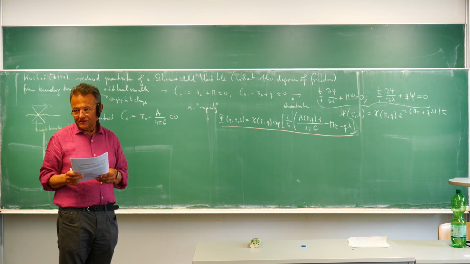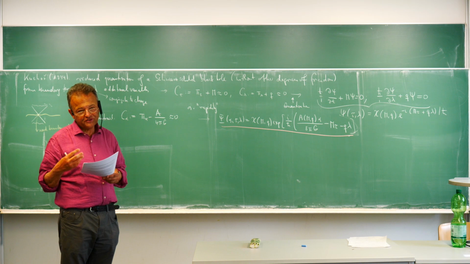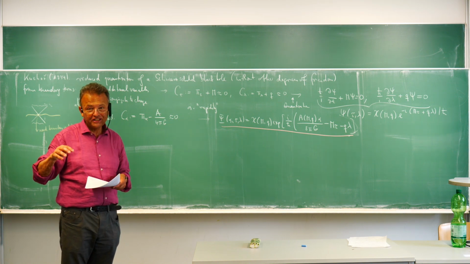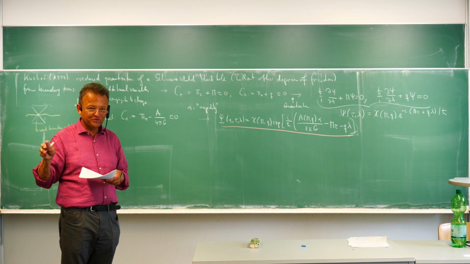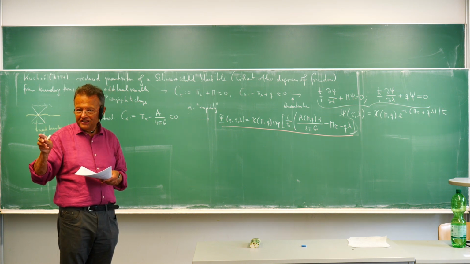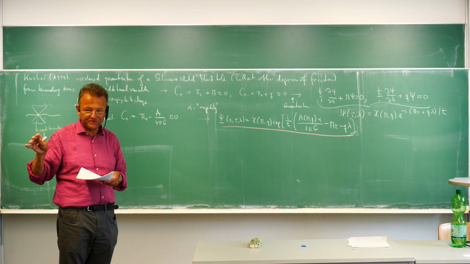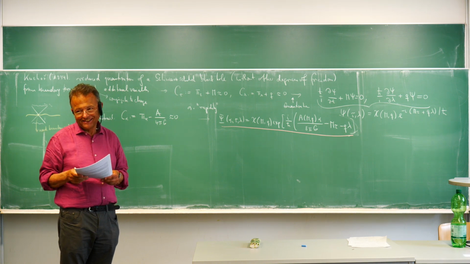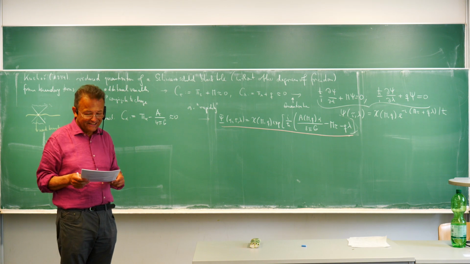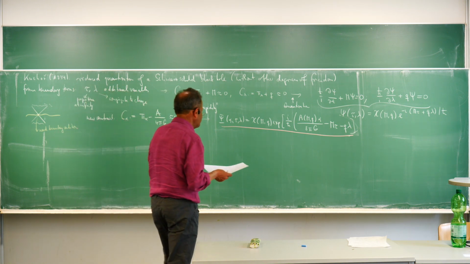But many people have discussed the Euclidean version, so that you Wick rotate the time to an imaginary quantity, t goes to minus i times tau. And there are pros and cons for doing that.